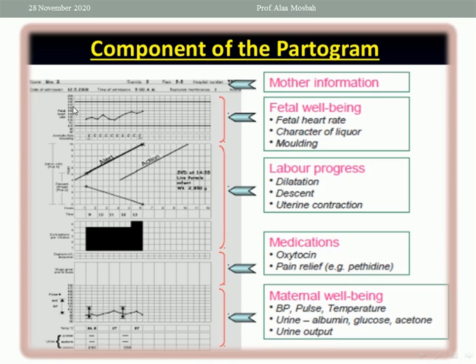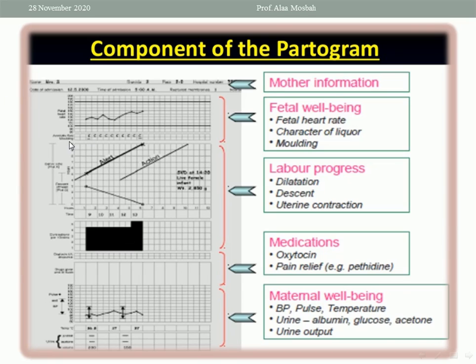Next to it are parameters related to fetal well-being, including the fetal heart rate, this one, and the character of the liquor, this one. If the membrane is intact, we write I. If ruptured, is it clear? C for clear, or meconium stained, M for meconium, or B for bloody meconium.